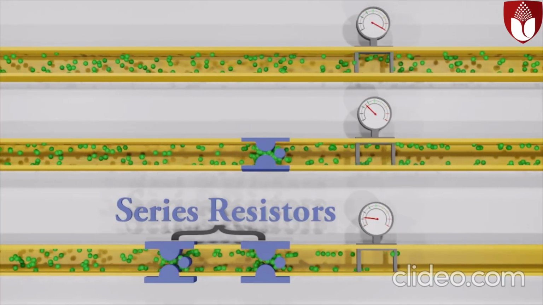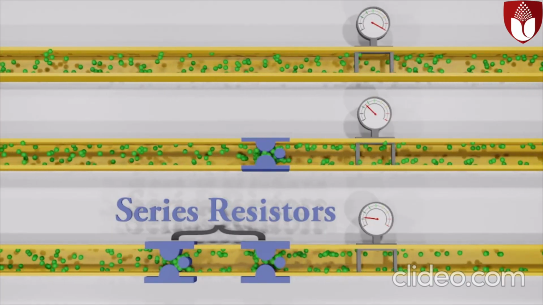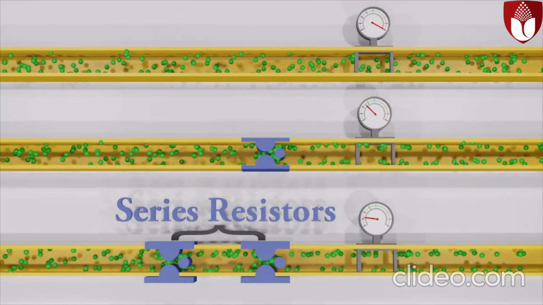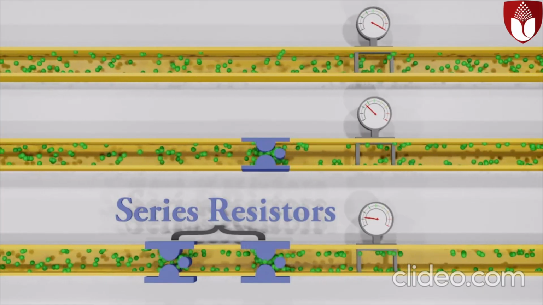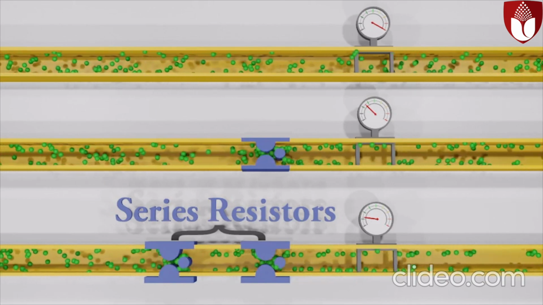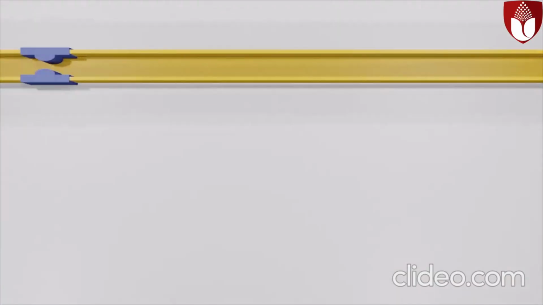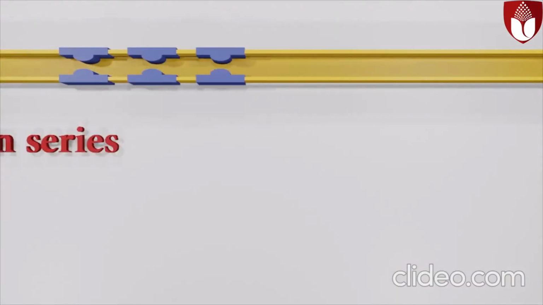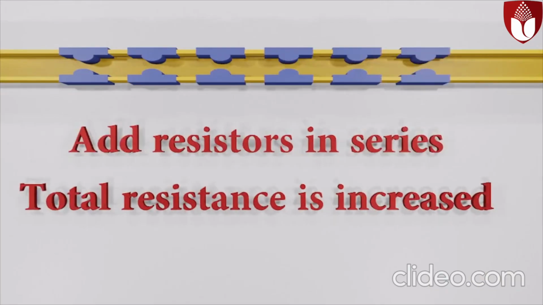So the ammeter reading is lesser than earlier. Likewise, we can add more resistors in series and increase the resistance.